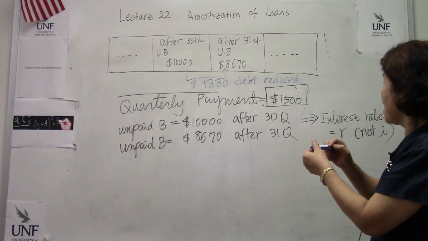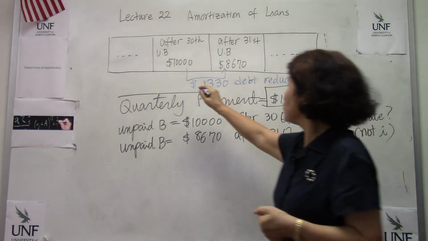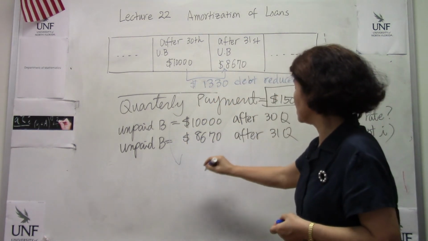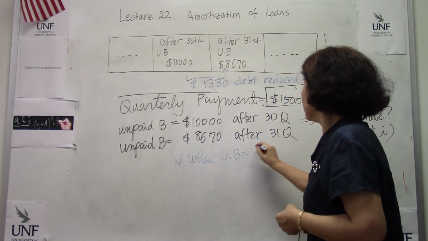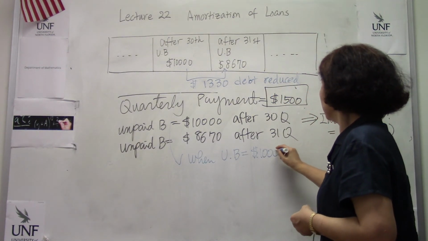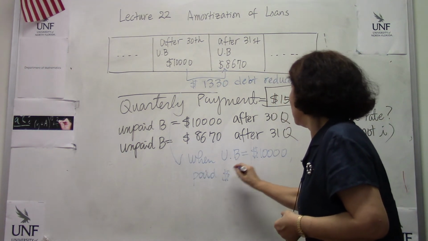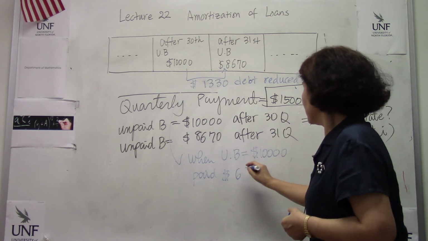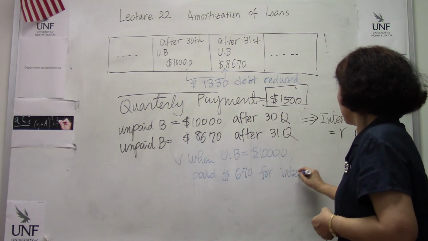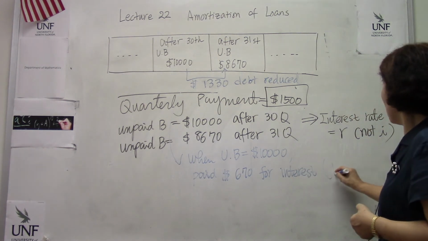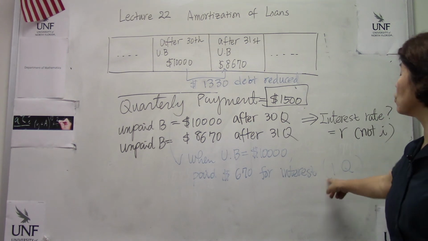So in short, after you look at this, what you can conclude over here is when unpaid balance is $10,000, you paid $670 for interest for 1 quarter, not for whole year, okay, not for 1 month, for 1 quarter.